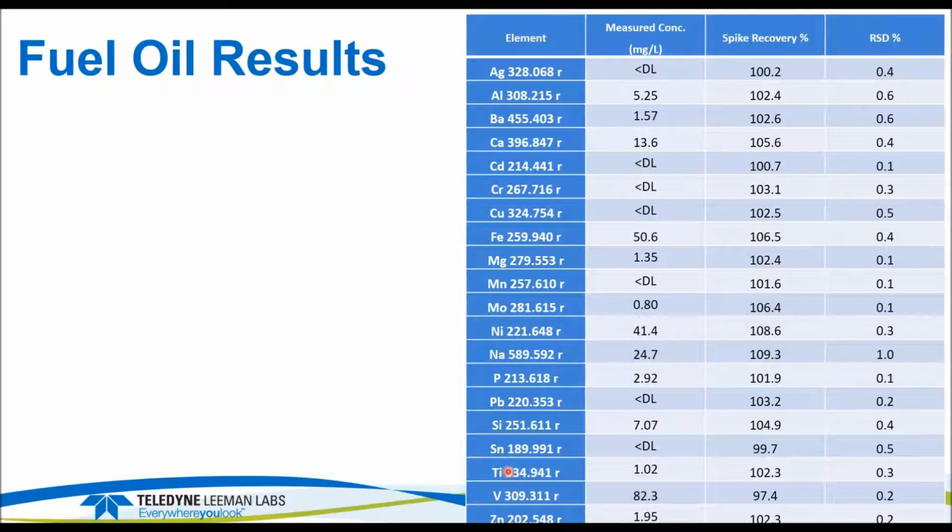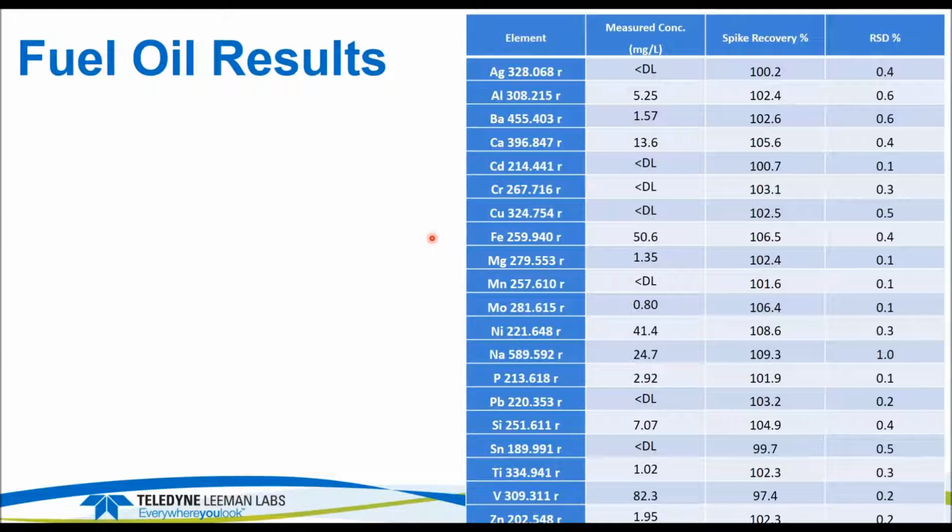Fuel oil, similar type results. Again, very good recoveries on the spike, very good precision, better precision than was on the crude. Again, probably because not everything is solubilized. Maybe there's some particulate matter giving us some hassle here. So we're pretty happy with these type results.